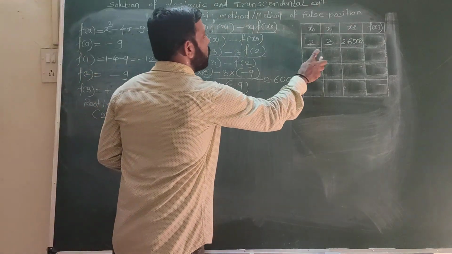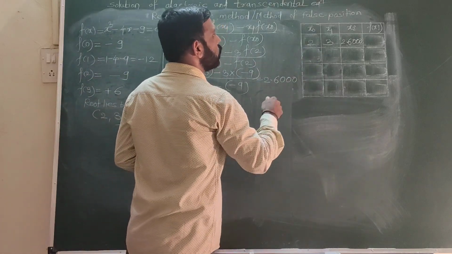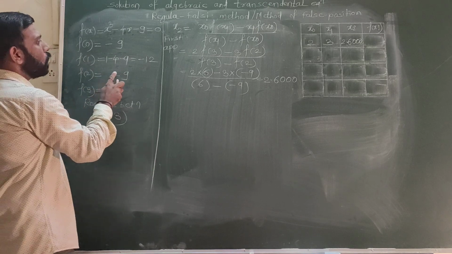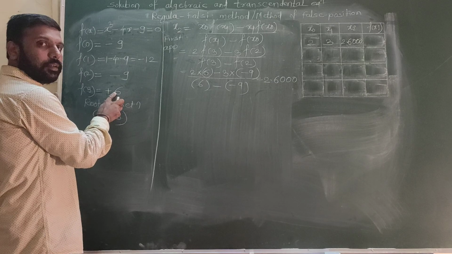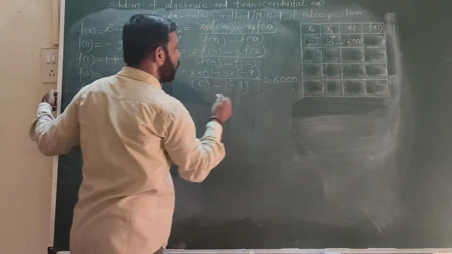Now we require the next interval, x0, x1. For that we use this technique. For f of 2, the symbol is minus. So 2 has a minus symbol, 3 has a plus symbol. For this we have to find out the symbol.